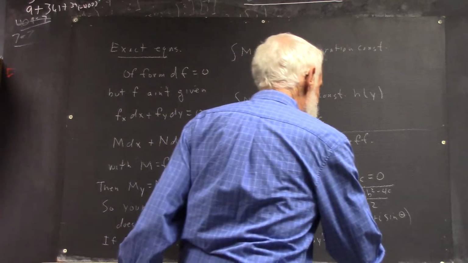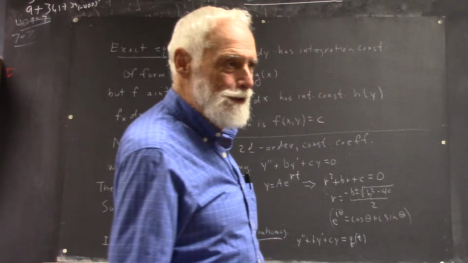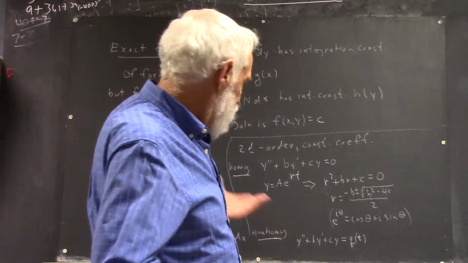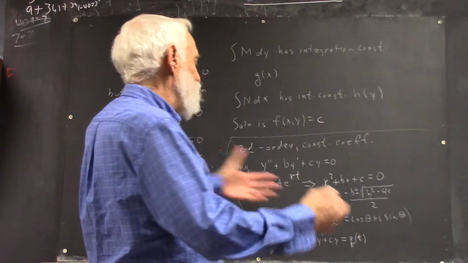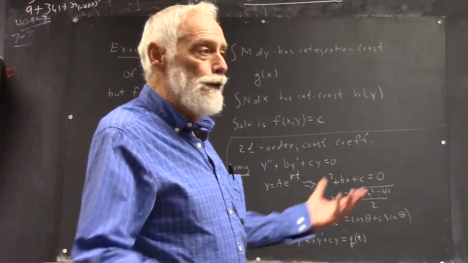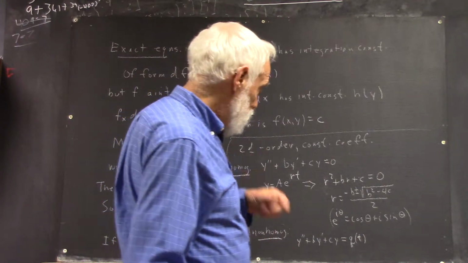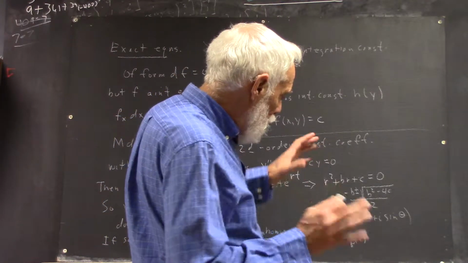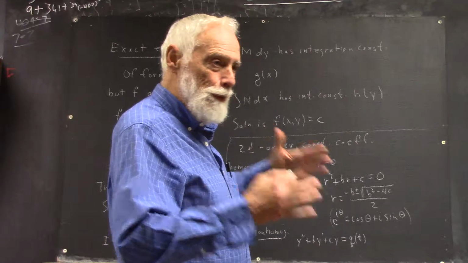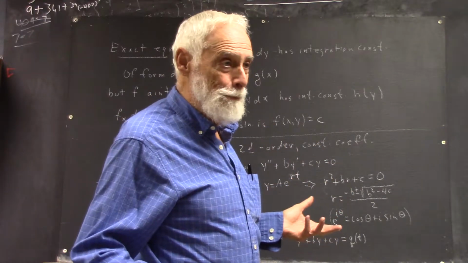Because what you don't need me to do is just repeat things the way you see them in the text. You need to see it the way I explain it. You need to see it the way the book explains it. Take your choice of which one you really want to look at. But when you have two different ways of explaining the same thing, a lot of times they're exactly the same.